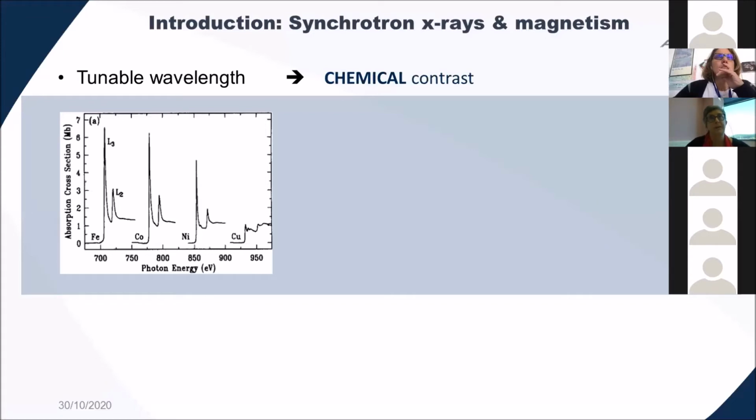Of course, you don't need a synchrotron for every problem, but for some problems you do need a synchrotron. One very important aspect is that they have tunable wavelength, so one can choose at which element one resonantly probes.